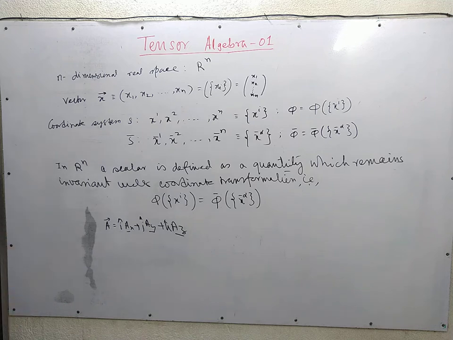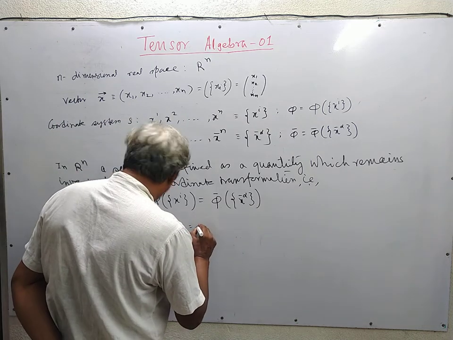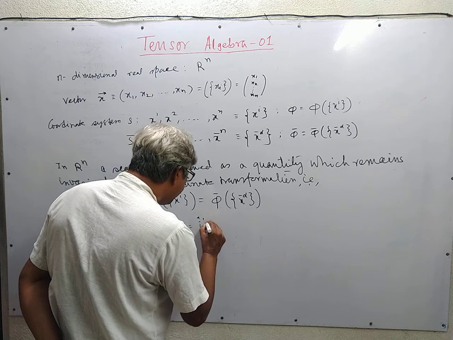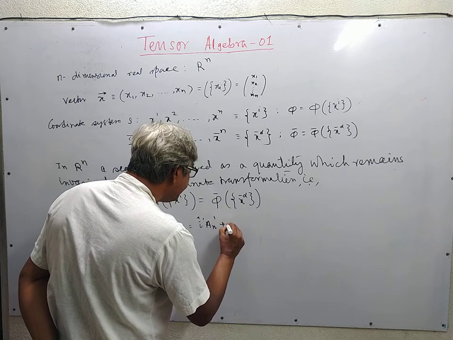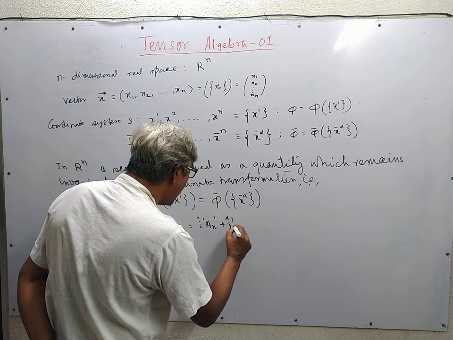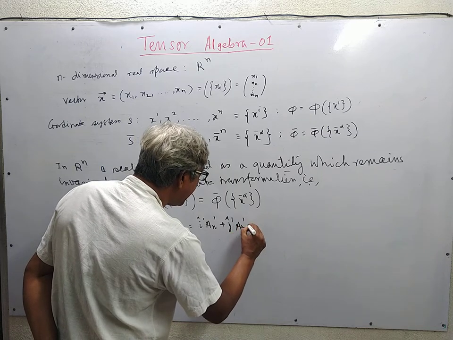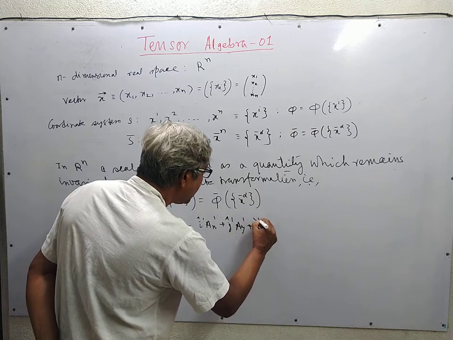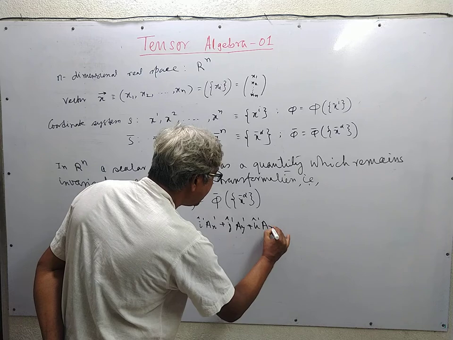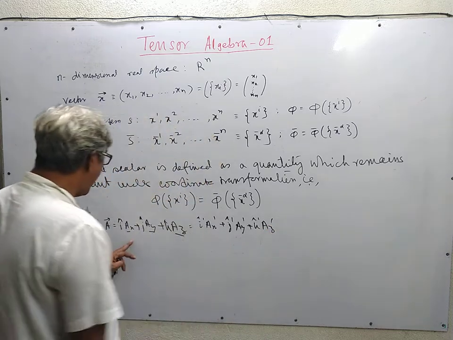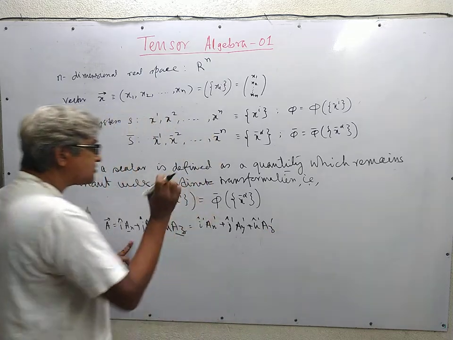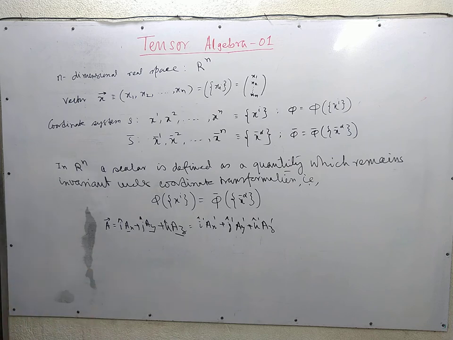the vector A in another coordinate system, that is, in a primed system, then it will be A prime equals Ax prime i prime cap, Ay prime j prime cap, plus Az prime k prime cap. So Ax changes to Ax prime, which are not the same.